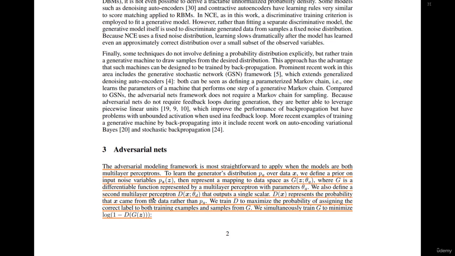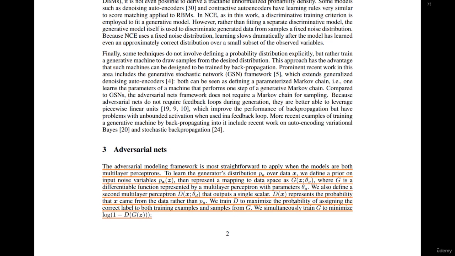We also define a second multi-layer perceptron D. So D is the discriminator and G is the generator. D takes in X and has parameters theta D that outputs a single scalar. D(x) represents the probability that X came from the data rather than PG.